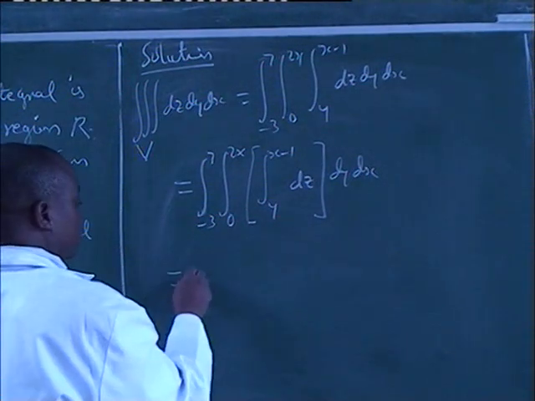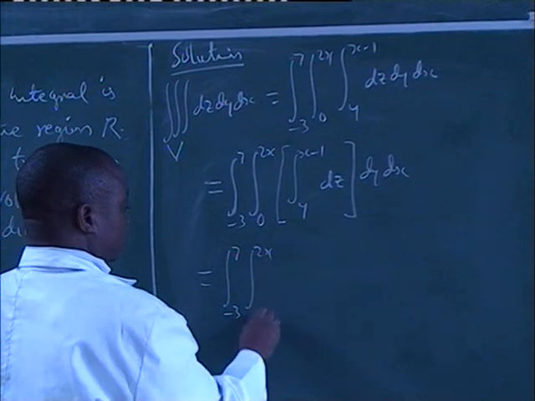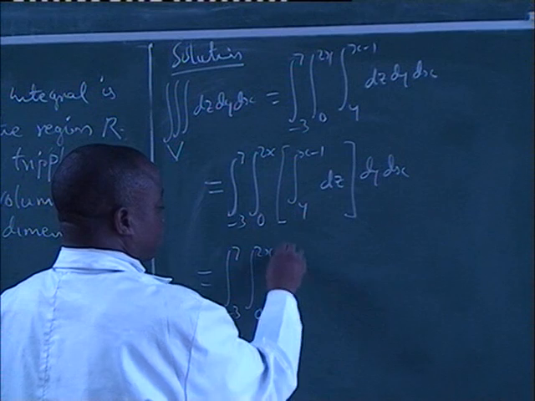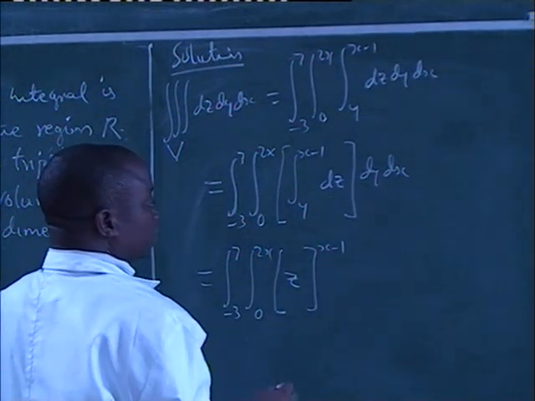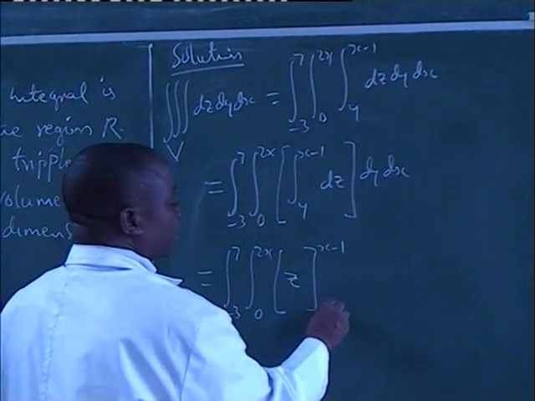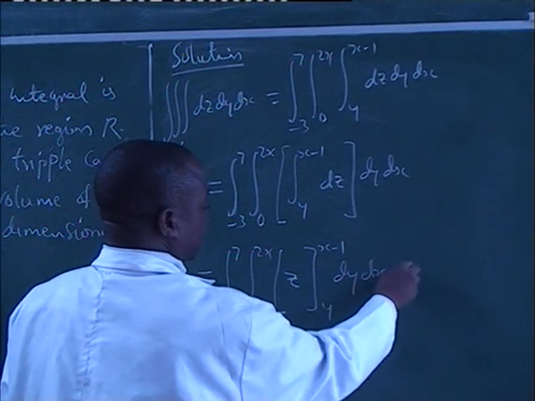So that will give us 7 to minus 3, 2x to 0, and if we integrate this, we have z. So we now put the upper limit, which is x minus 1. Then we have y, and dy dx.